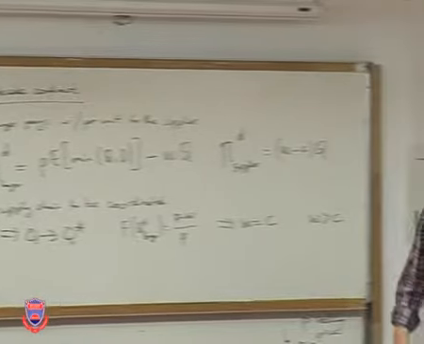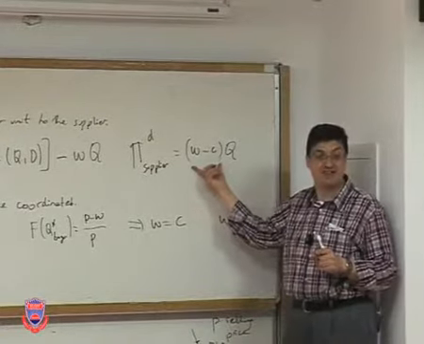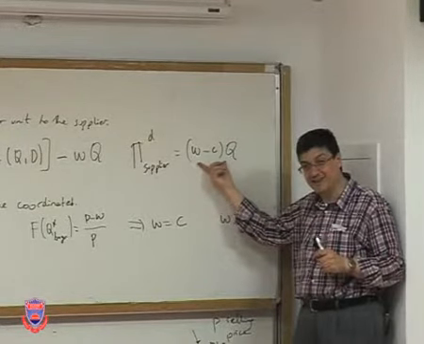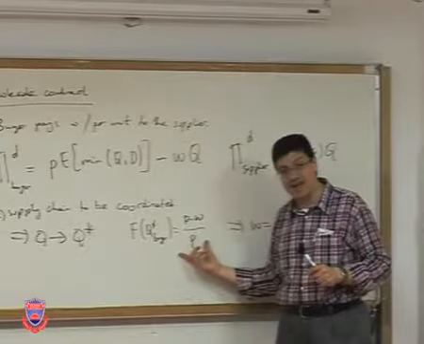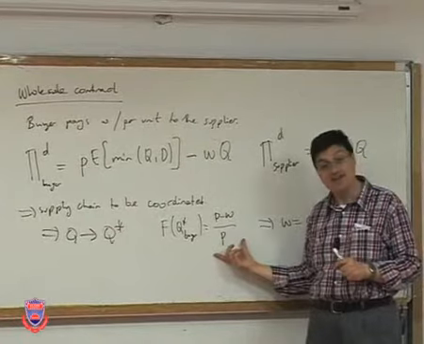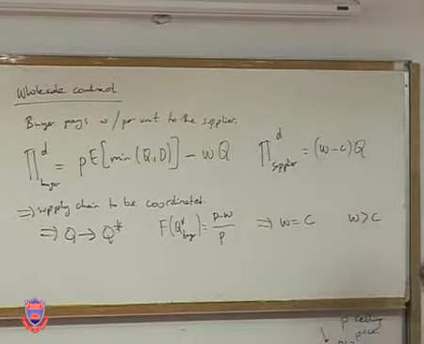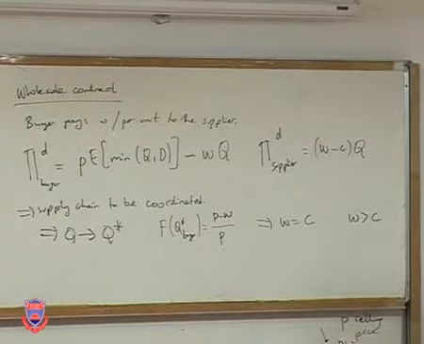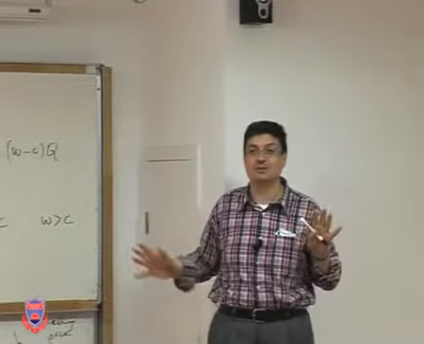Because what's happening here is that the supplier is trying to make a margin as profit, and W is larger than C, it is adversely affecting the buyer. So the buyer buys less quantity. So we now see that the wholesale contract is not a contract that coordinates this system.